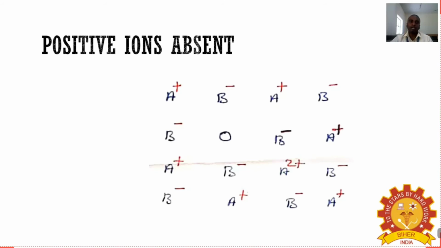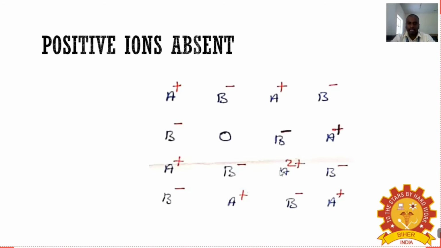Next one is positive ions absent. For this type of crystal defect, you see the figure. Here one cation is missing. Here one cation is missing, but this cation has 2 plus. In this crystal structure, each cation has 1 plus charge, but only one atom has 2 plus.